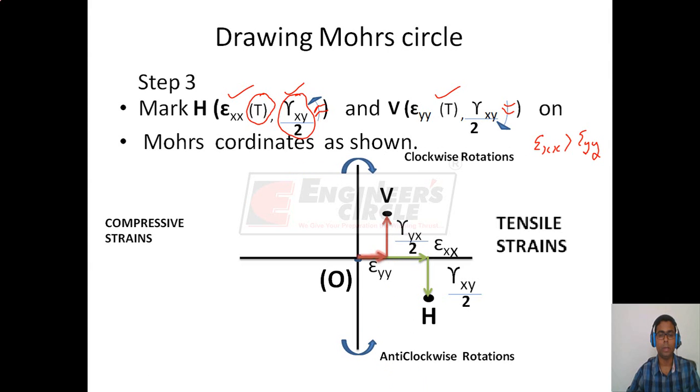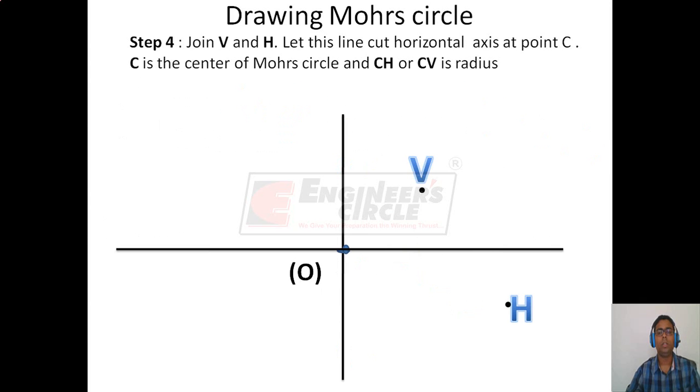This gives us point V. Now we can join point V and H like this, which intersects the horizontal axis at point C, the center of Mohr's circle. Now with CV or CH as the radius, we can draw Mohr's circle like this.